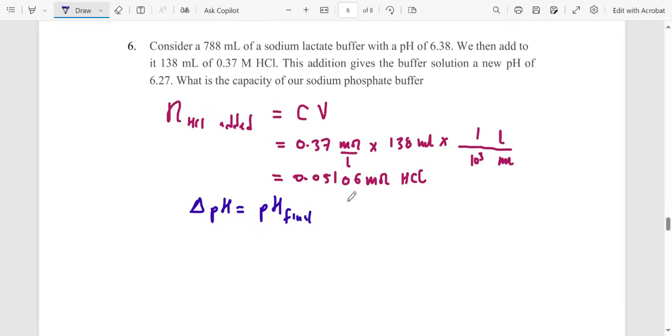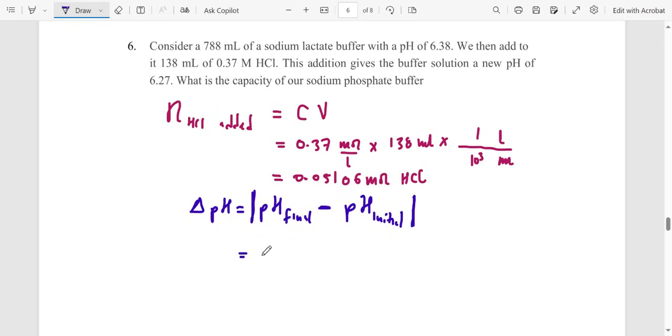In this case, we can actually do initial minus final so that the value just becomes positive. But for change we normally say final minus initial. Just know that we want the absolute value, so I'm putting it in these lines.